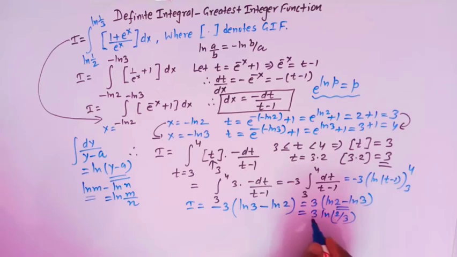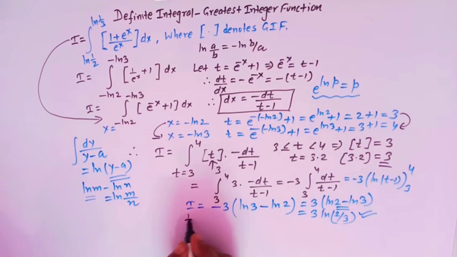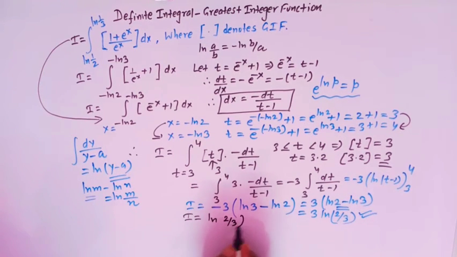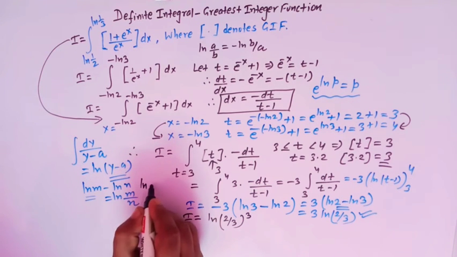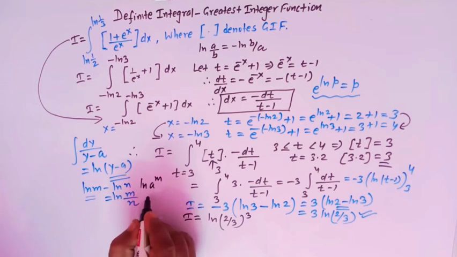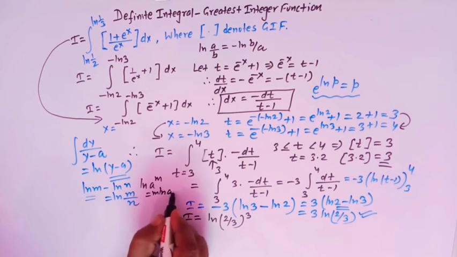Now this is the value of this integral, and we can also simplify this expression by writing I is equal to log of (2 over 3) cubed, because log of a raised to m is equal to m times log of a.